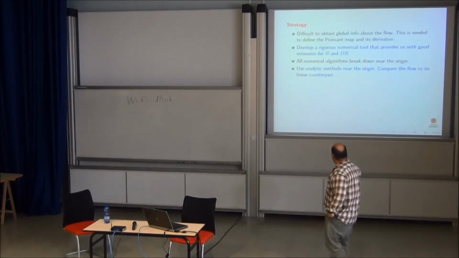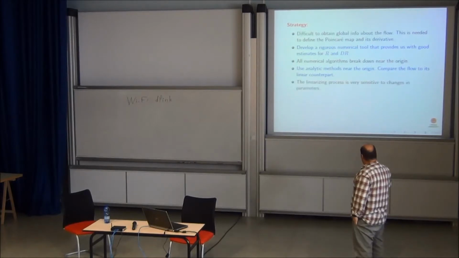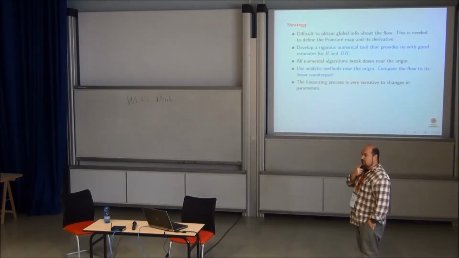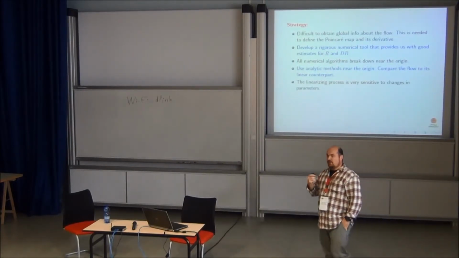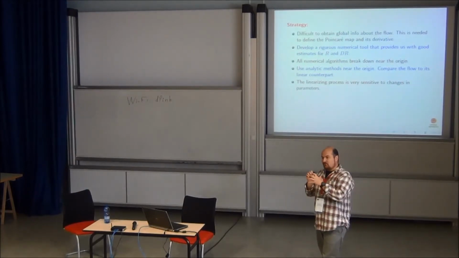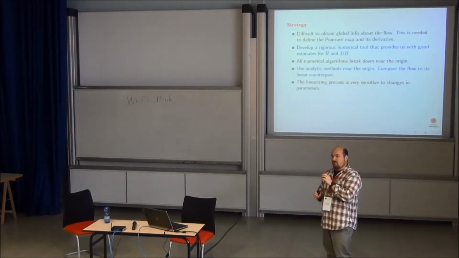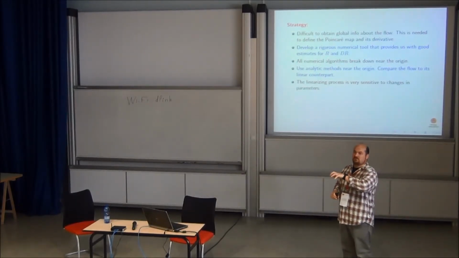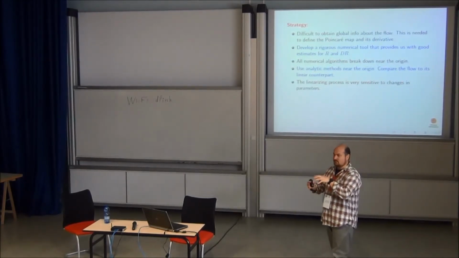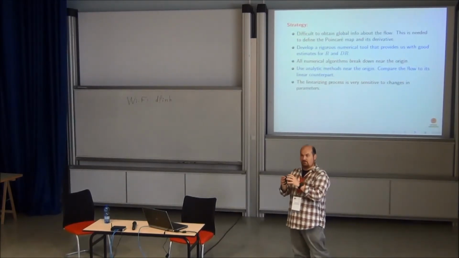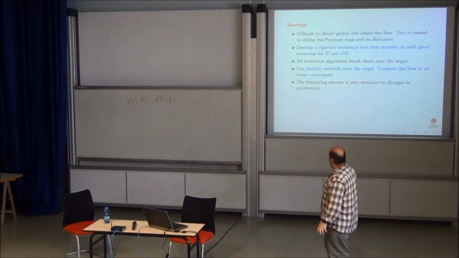So why not just linearize? That would be perfect. The problem is that you cannot do that, because when you linearize, you have to do a change of coordinates that is very sensitive to variations in the parameters. Basically, your change of coordinates is not going to exist for a dense set of parameters. And that's bad if you want to do something with open sets.